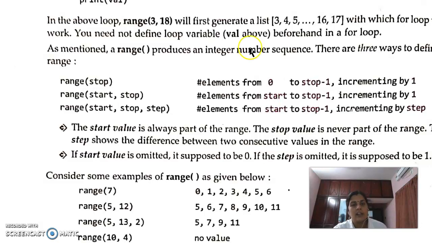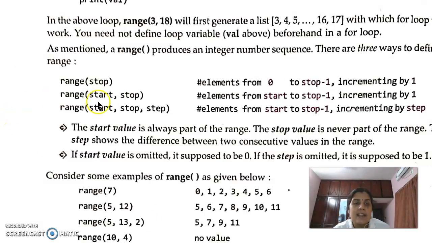So 0, 1, 2, 3, 4, 5, 6. This is the first method to use range. That means inside the range function only a single value is used. Then from the 0th position up to that value, the range function works, and if you want to print, we can print also. Range of 3 will give the output 0 1 2. Range of 5 will give the output 0 1 2 3 4.